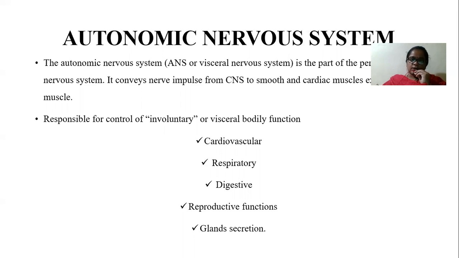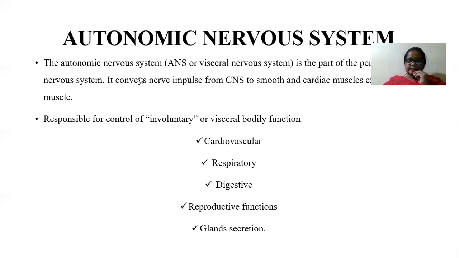These organ system functions are not in our control. That's why it is called the involuntary nervous system, also known as the visceral nervous system. But skeletal muscle contraction and relaxation is in our control, like walking, running, jumping. These are in our control, but these organ functions are not. So that's why it is called the autonomic nervous system.